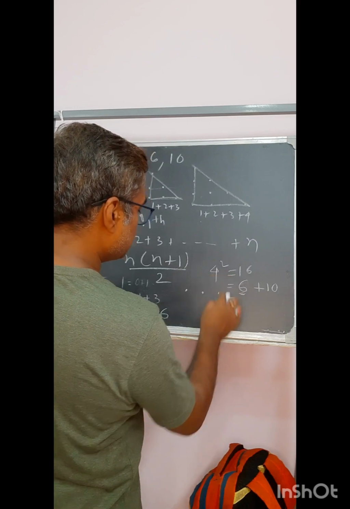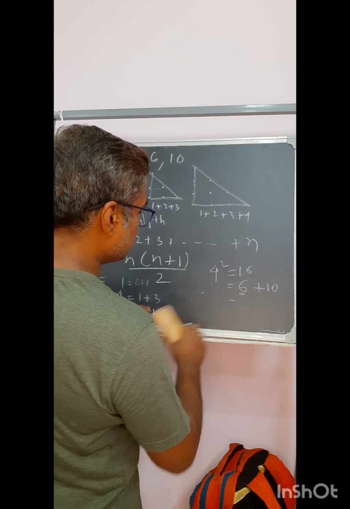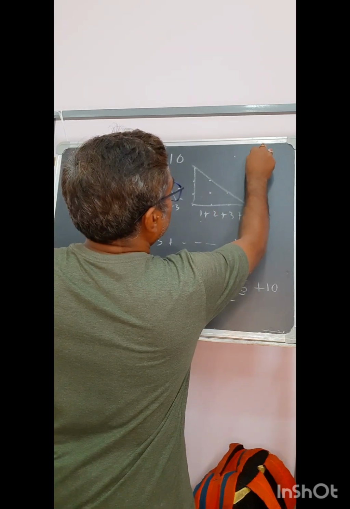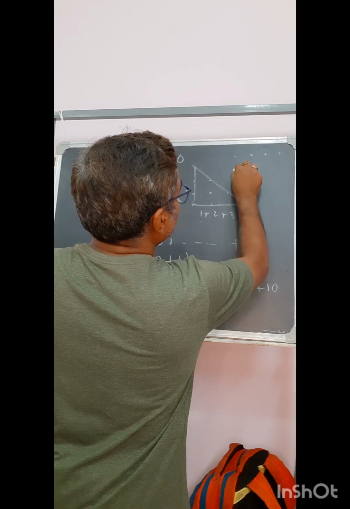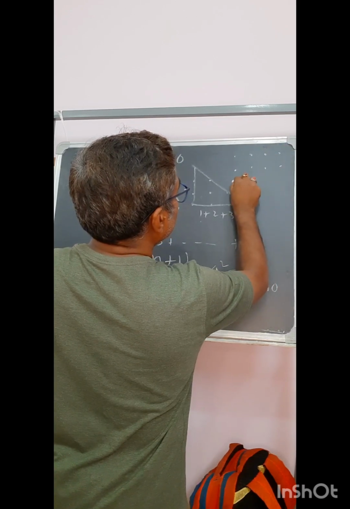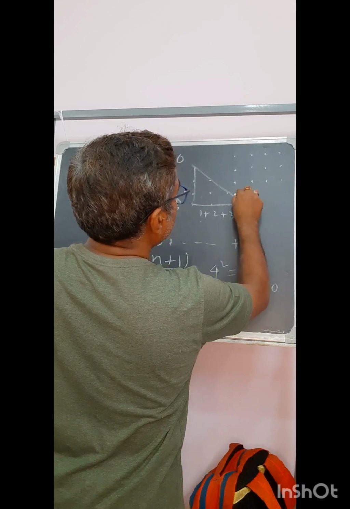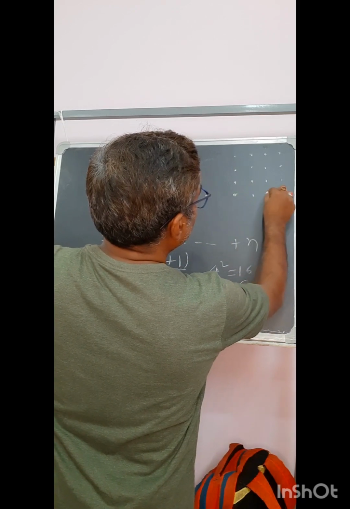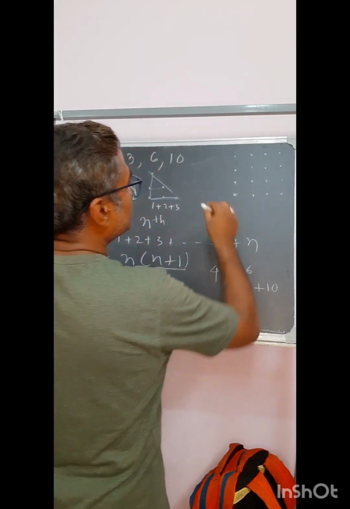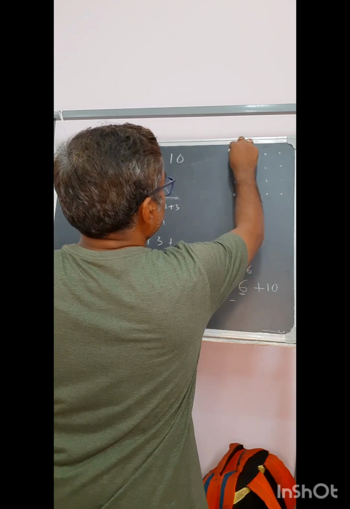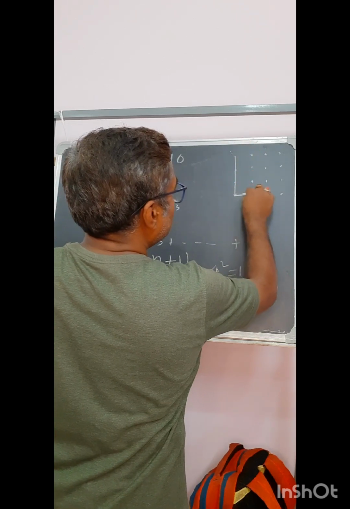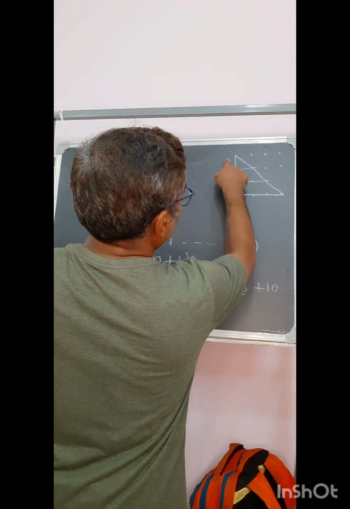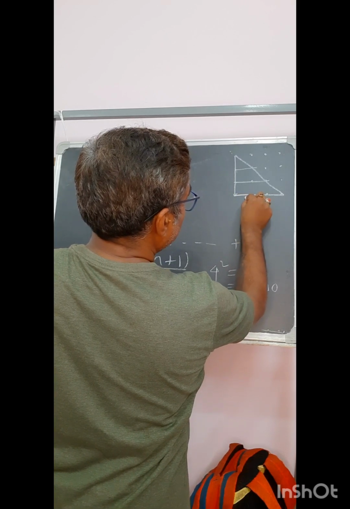If I take this 4, the 4 square is 16, as I have shown you. So if I draw it like that, this is a figure which is represented by one triangle. This is how much? 1, 2, 3, 4. That means 10.